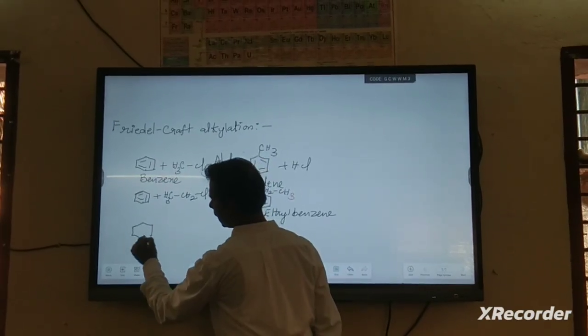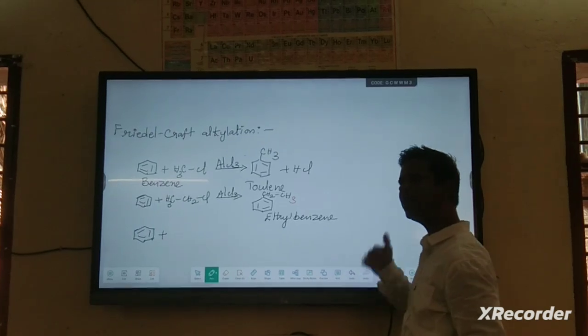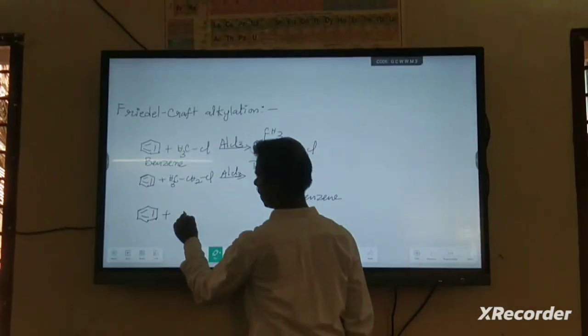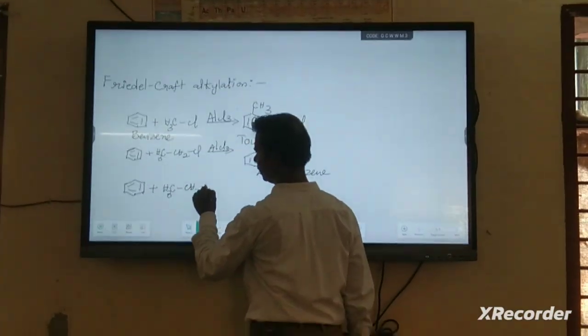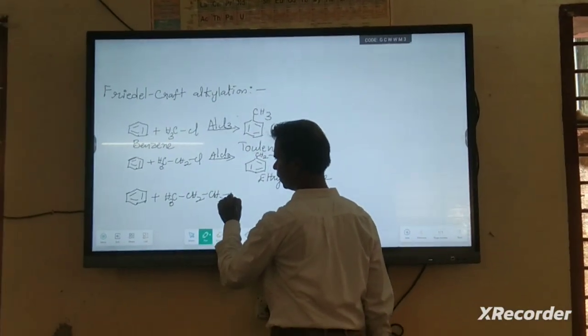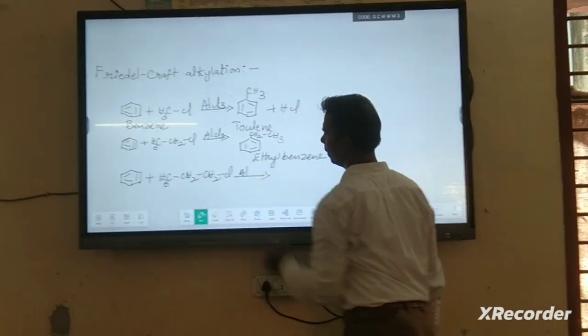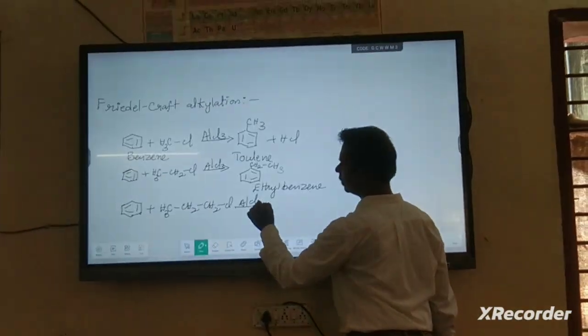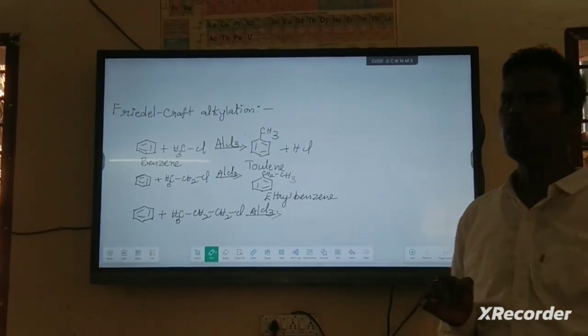Benzene reacts with propyl chloride. What is the product?